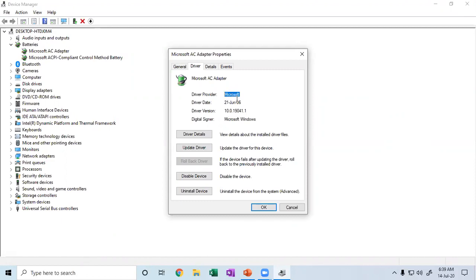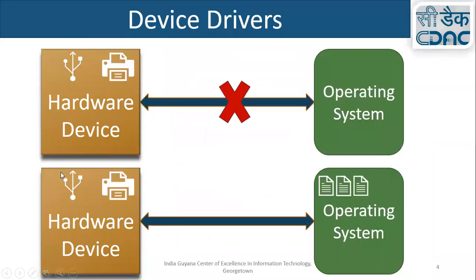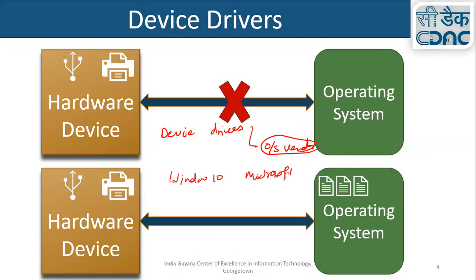Most of the time, these device drivers are given by Microsoft, provided by your operating system vendor. If you are using Windows 10, Microsoft provides these device drivers inside your Windows 10 CD.